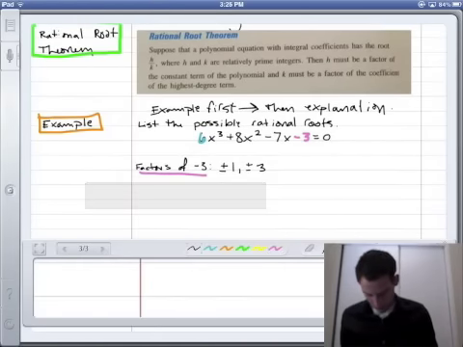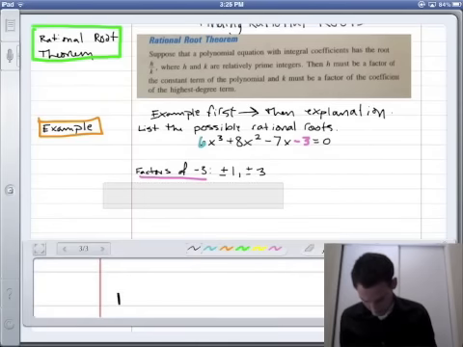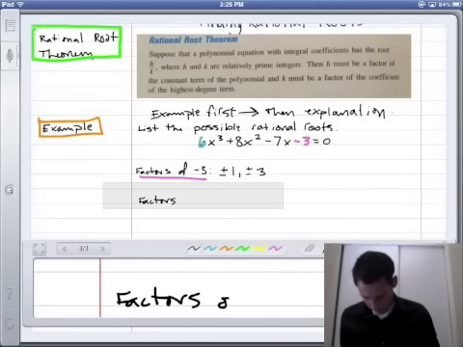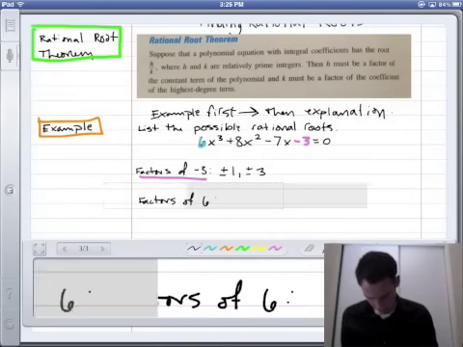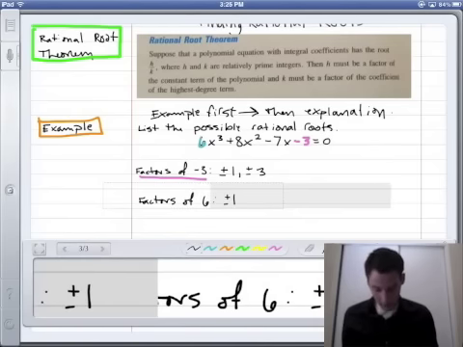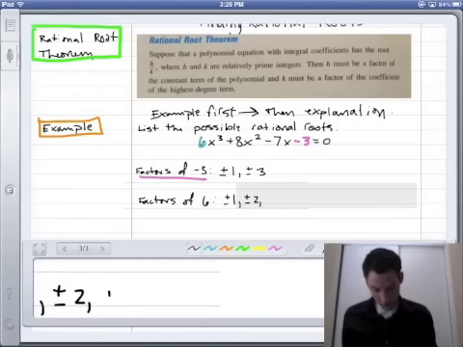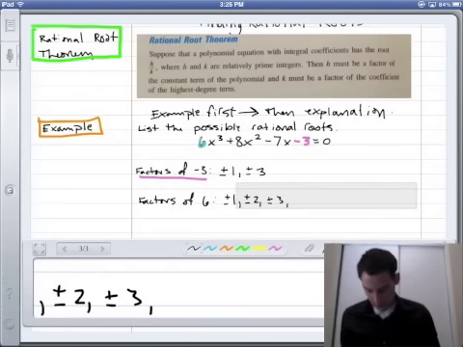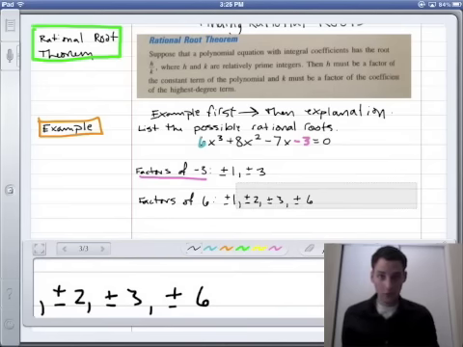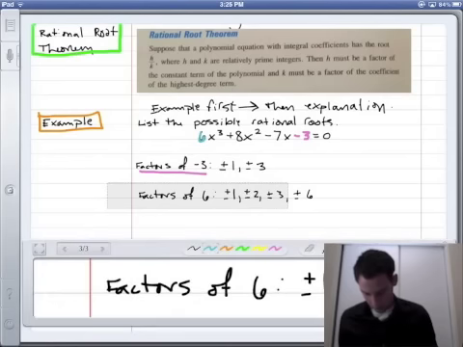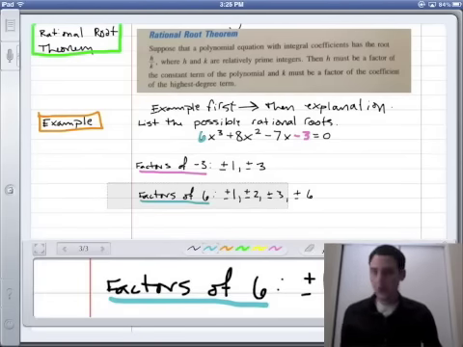So here I will write factors of 6, and again it'll be plus or minus 1, plus or minus 2, because 2 times 3, plus or minus 3, and plus or minus 6. Those are all of the factors. And that's in blue. I'm going to underline that in blue so that you can see where it came from.